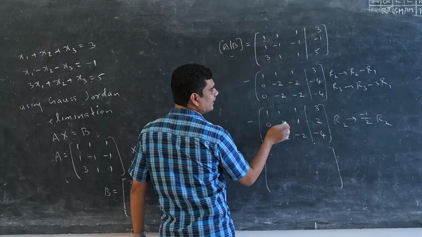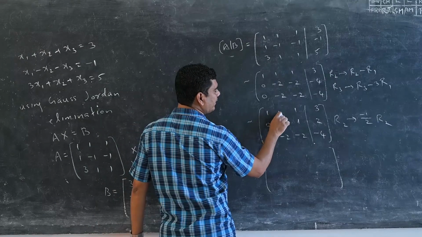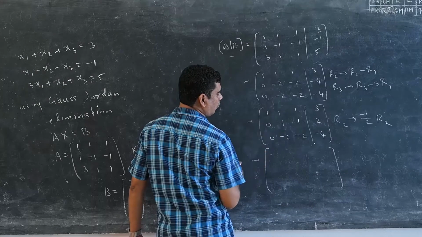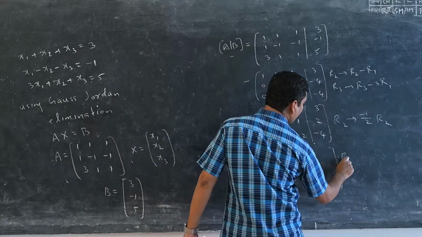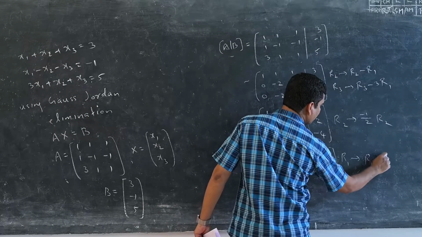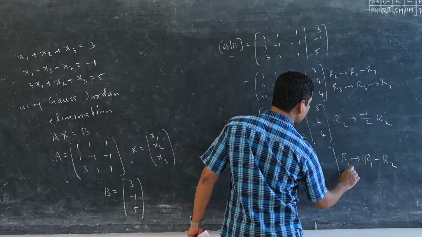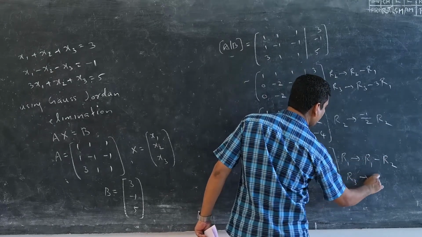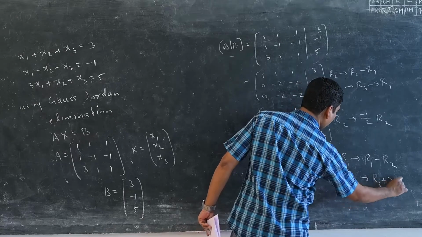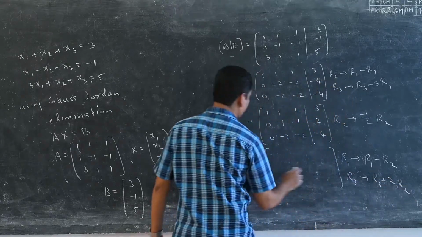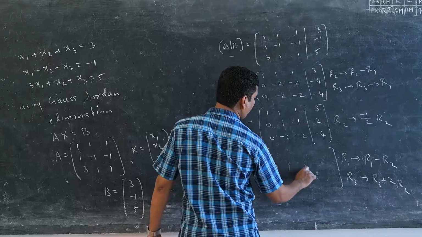So we make the other elements in that column zeros. We have to make this 1 zero and this minus 2 zero. So we do the row operations R1 goes into R1 minus R2, R3 goes into R3 plus 2R2.